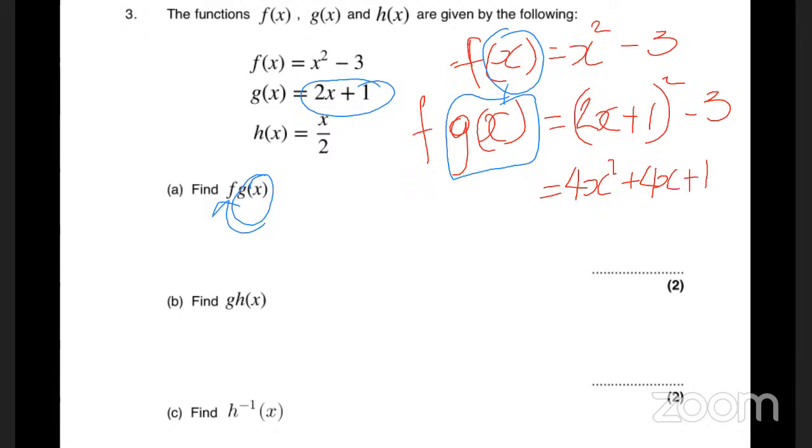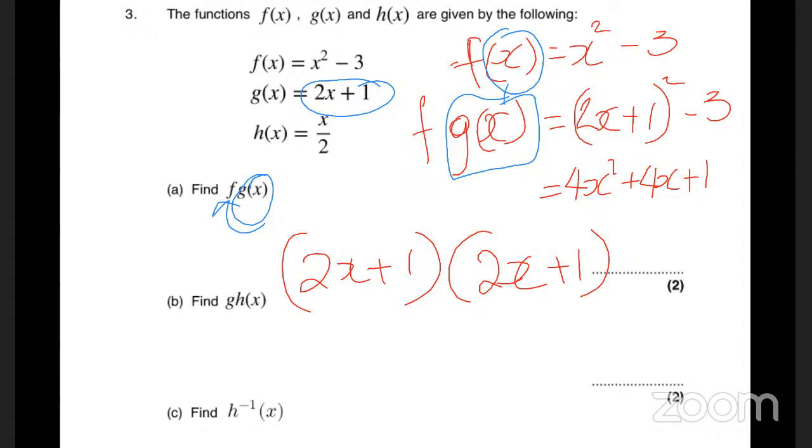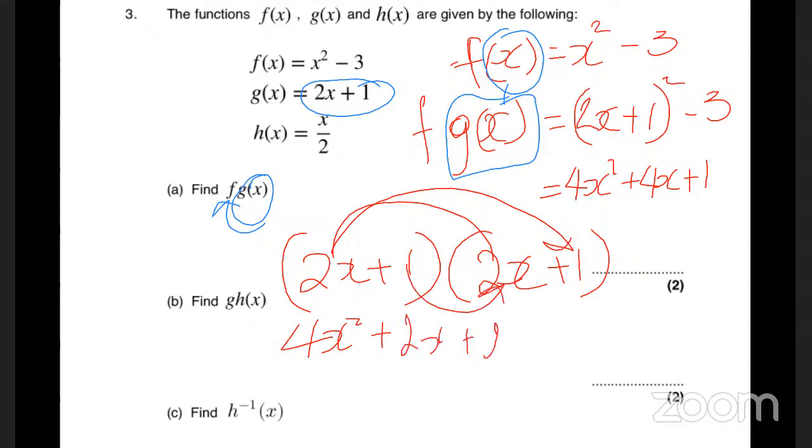So you're supposed to be able to work out the difference of 2 squares without even going through this long process. 2x plus 1. But if you don't know how to do it, better you write it down. It takes a little 30 seconds extra, but get it right. And do your distribution. 2x times 2x, 4x squared. 2x times 1, 2x. 1 times 2x, 2x. 1 times 1, 1.